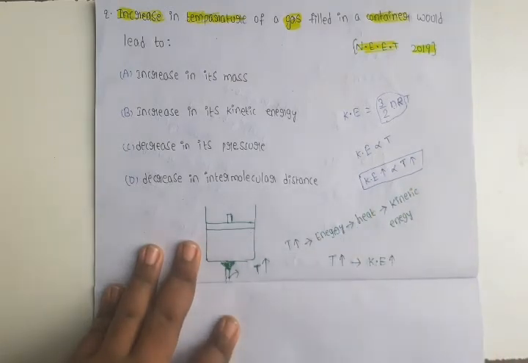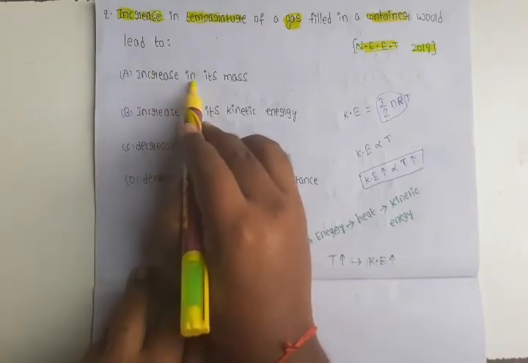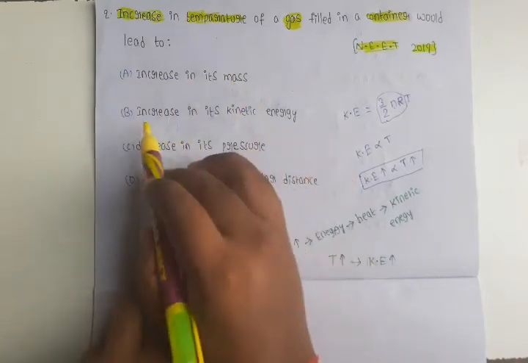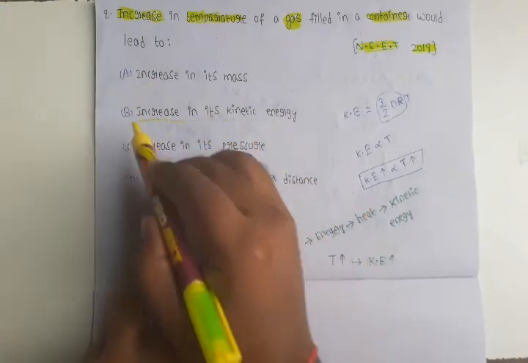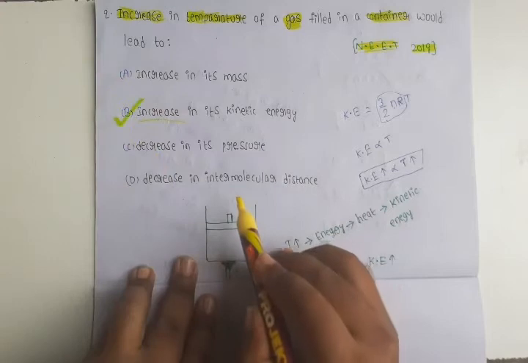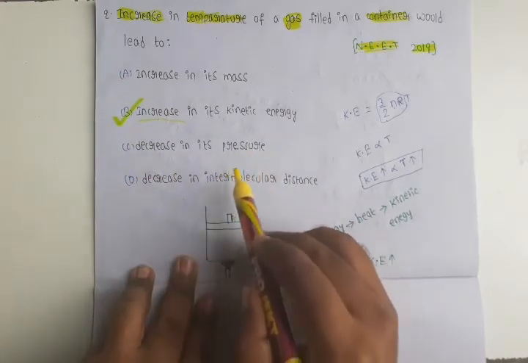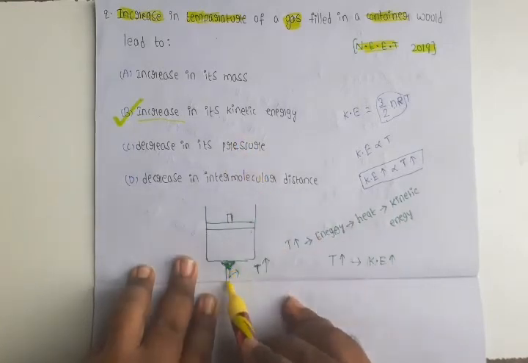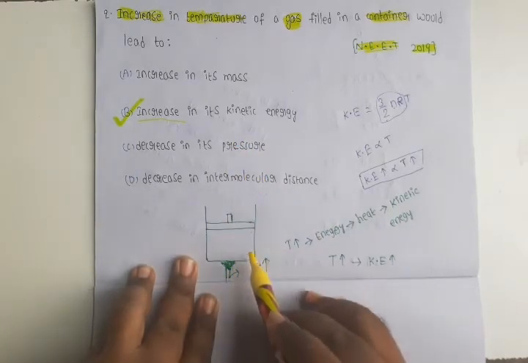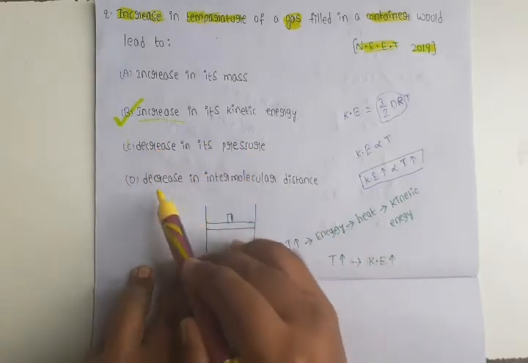See the options. Increase in its mass, not possible, wrong option. Increase in its kinetic energy, option B is correct. Decrease in its pressure: is pressure increasing or decreasing when you supply heat to the system? Its pressure increases, so option C is wrong.